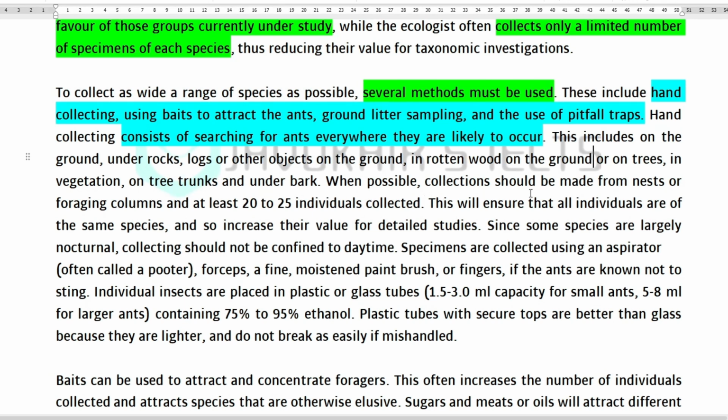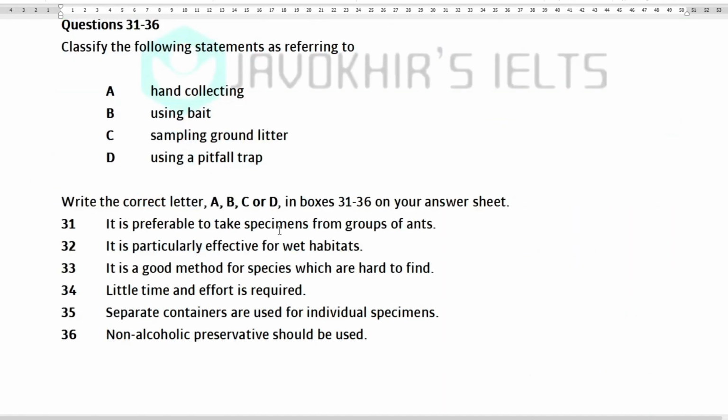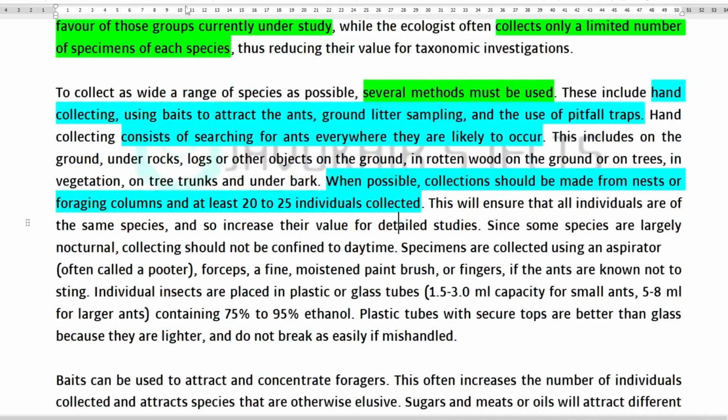When possible, collections should be made from nests or foraging columns, and at least 20 to 25 individuals collected. So I think this is going to be the answer for the first one. This will ensure that all individuals are the same species and so increase their value for detailed studies.